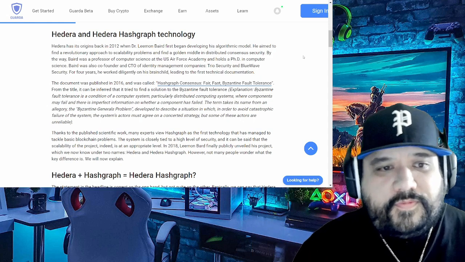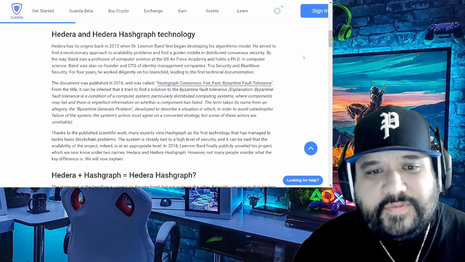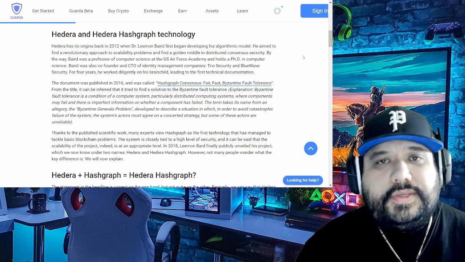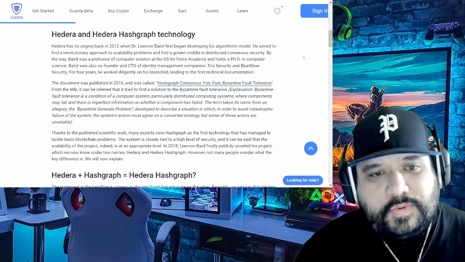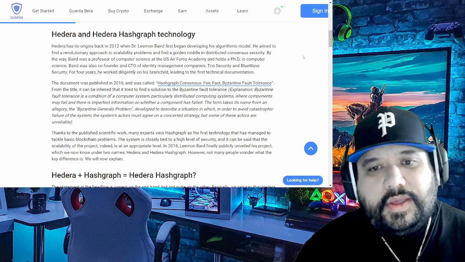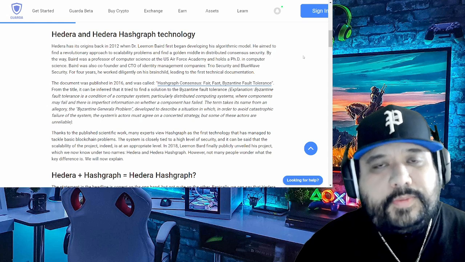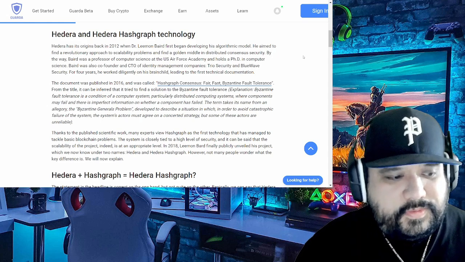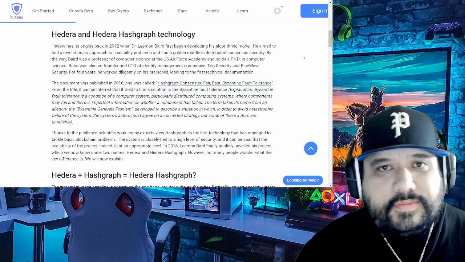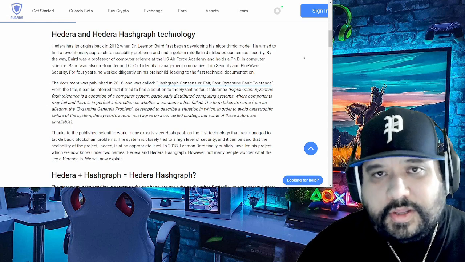Baird was also a co-founder and CTO of identity management companies, Trio Security and Blue Wave Security. For 4 years, he worked diligently on his brainchild, leading to the first technical documentation. This is not just some average, run-of-the-mill project that just came out of thin air.